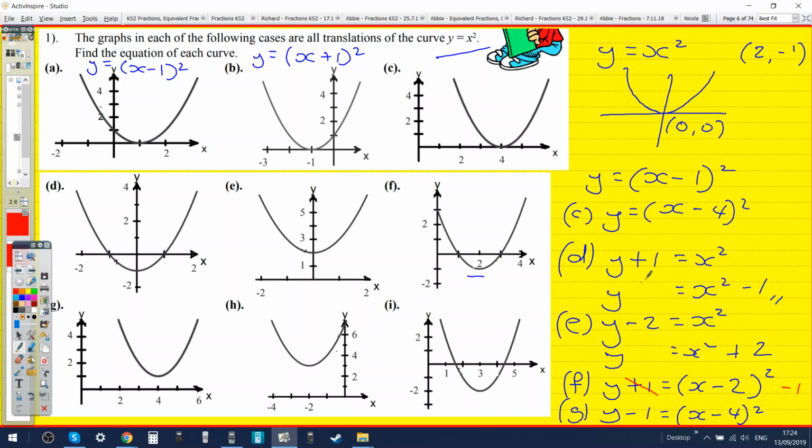And so because you bring the number next to y to the other side, that is not in a bracket. If you look at the answer for F, it's not in a bracket next to the x, it's outside the bracket. And so the number inside the bracket is the x, and the number outside the bracket is the y. And because you brought it to the other side, it's now back to its original sign.